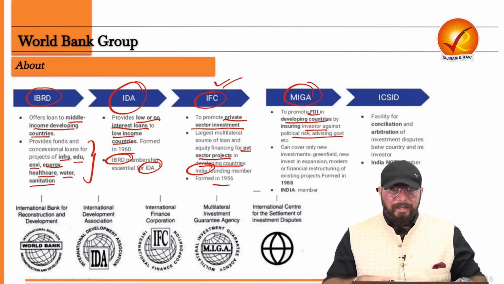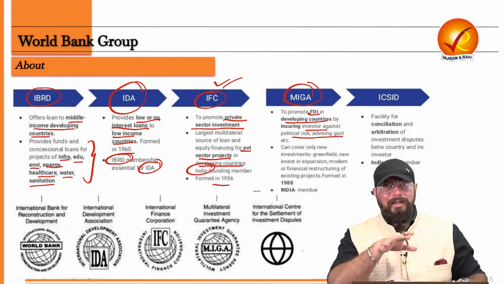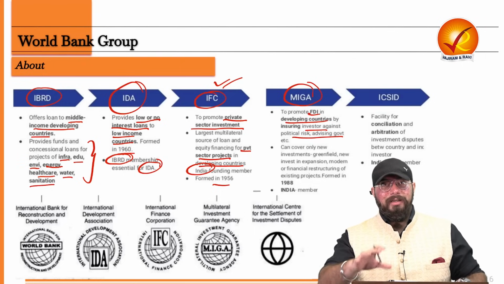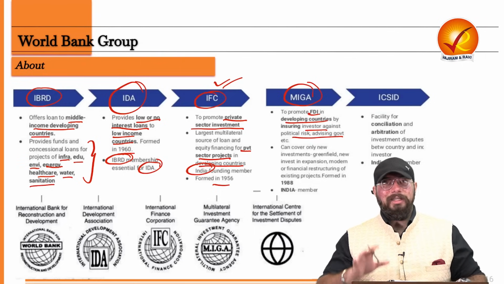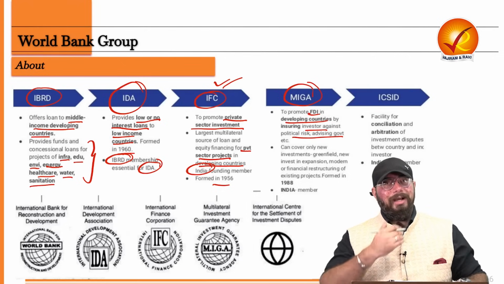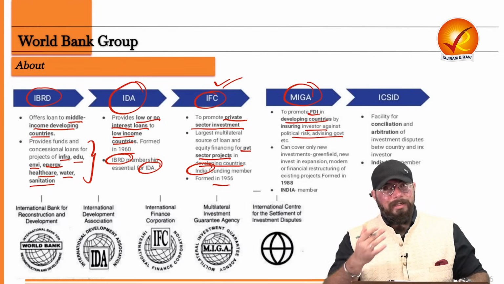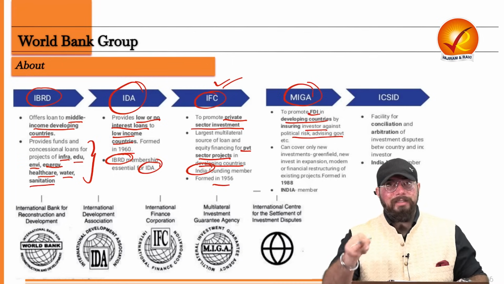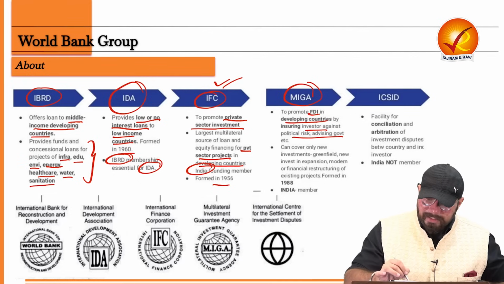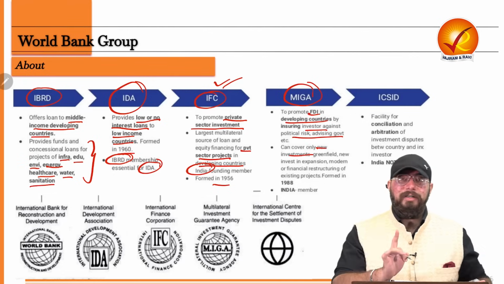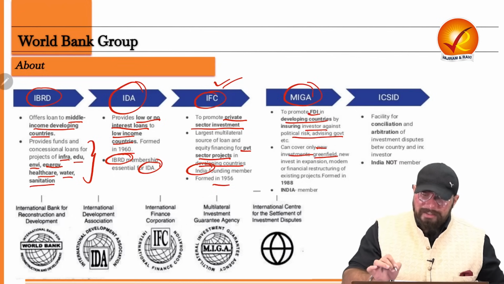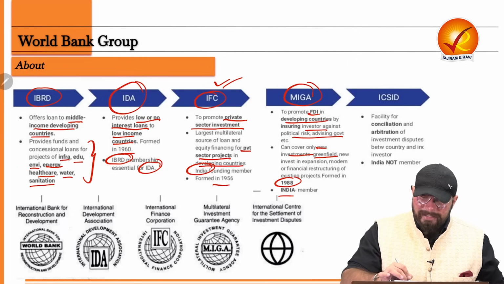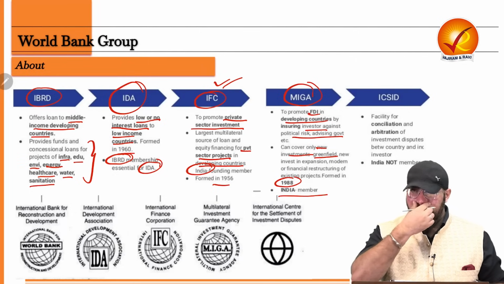It is assuring investors that if this country is politically and economically stable, they can invest money there, and their money will not go in vain. So it essentially promotes FDI in various countries. And it can cover only new investments, that is greenfield investments. It was formed in the year 1988, and yes, India is a member of MIGA as well.